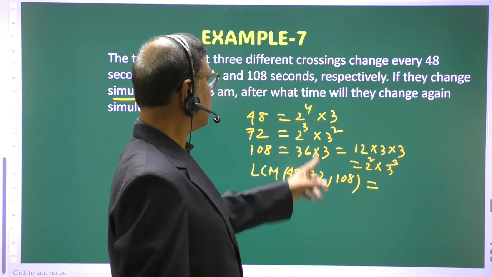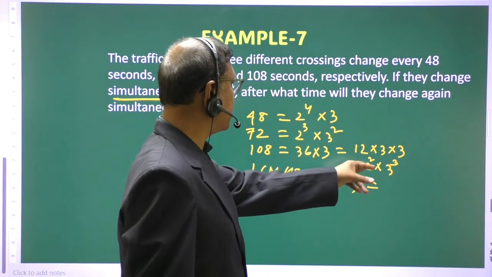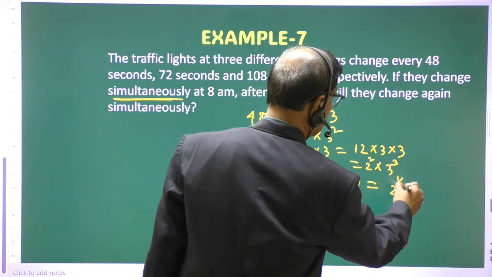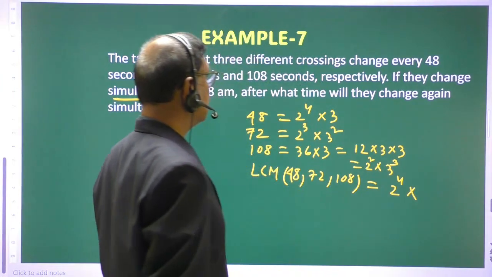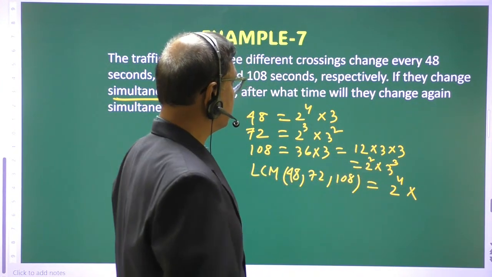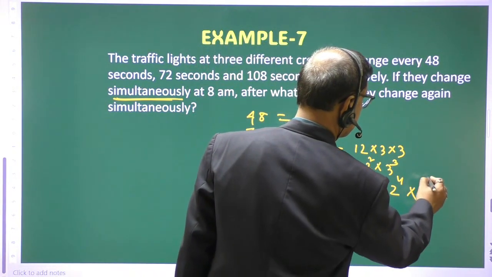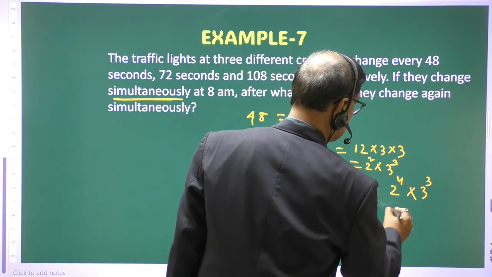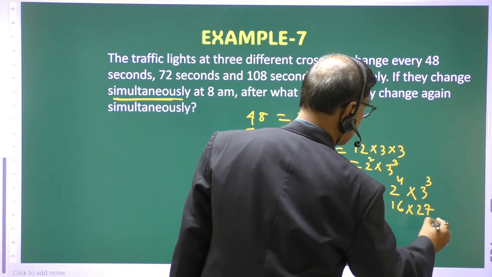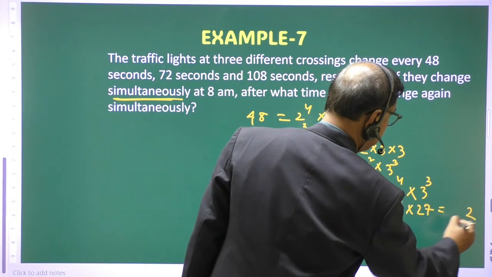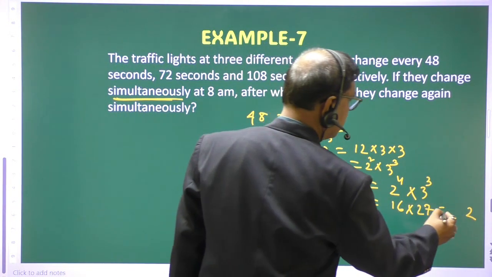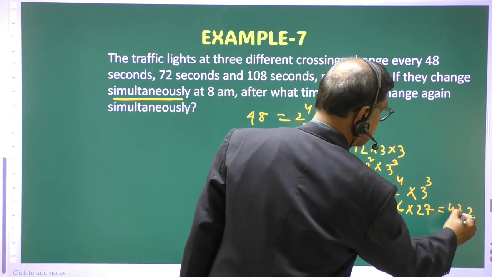So 2 to the power 4, 2 cube and 2 square: 2 to the power 4 you have to take. Then 3, 3 squared and 3 cube: 3 cube you have to take. That is 16 into 27, that is 432.